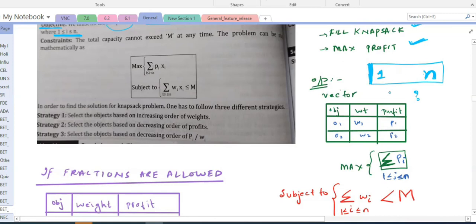So your output can be between 1 to n. Why do we say between 1 to n? You could have just one object which satisfies the constraint. You remember, I asked you how many objects will be there in the output? You said only those many objects will be there whichever satisfy the constraint. So you could have only one which satisfies the constraint, or two objects satisfying the constraint, anything. But in the good case, all your n objects satisfy the constraint. So your vector table can be as small as just one, or it could be as big as n.